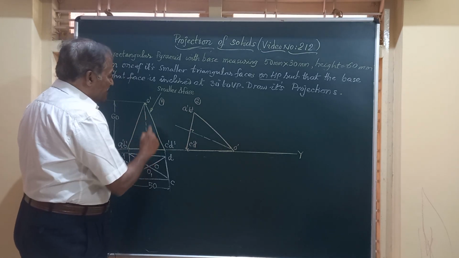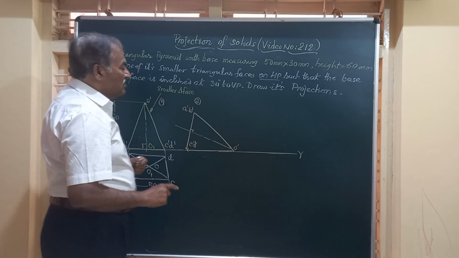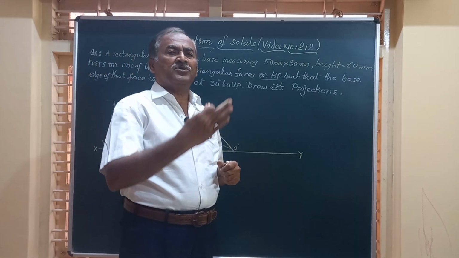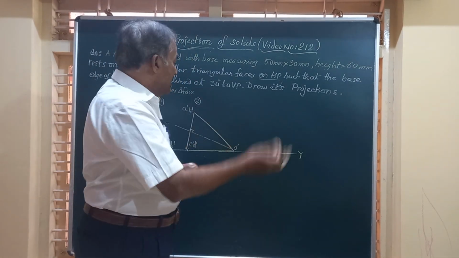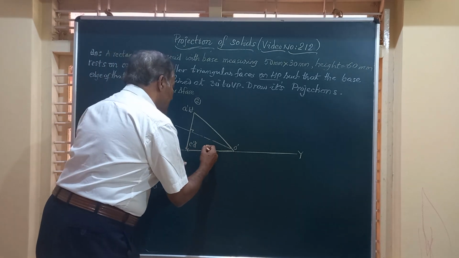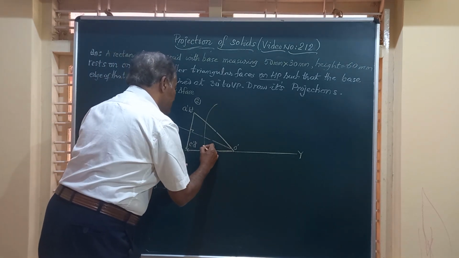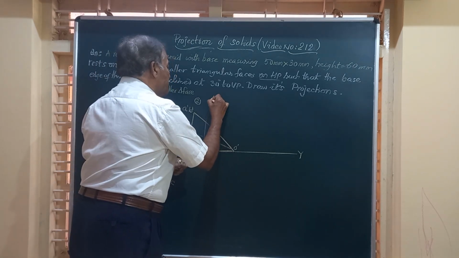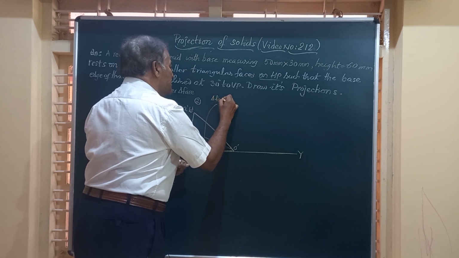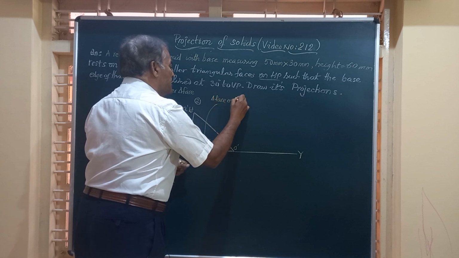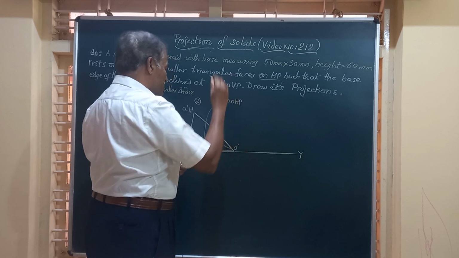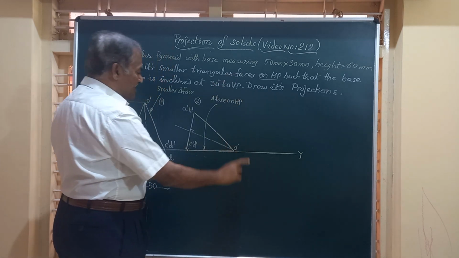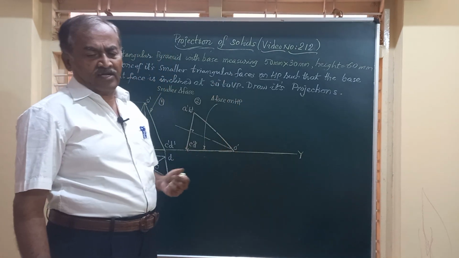The only thing is, this triangular face O dash, C dash, D dash, which was at an angle to HP, is now lying on HP, or resting on HP. I'll mark it here as triangular face on HP. So O dash, C dash, D dash is a triangular face that is on HP.